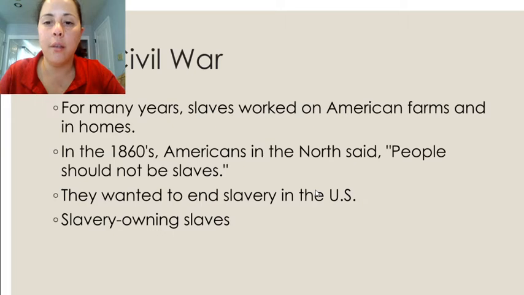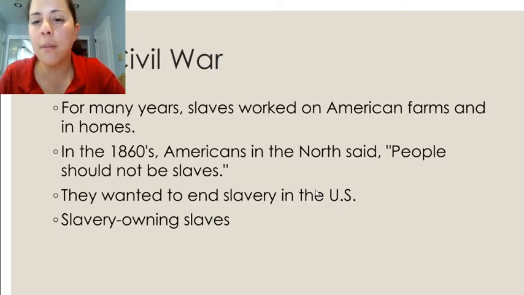Well, they helped harvest crops. They helped pick vegetables and fruit and cotton. They helped the Americans on their farms. What is a farm?